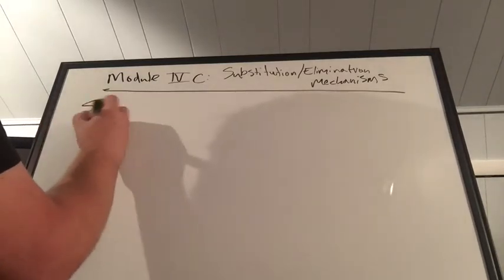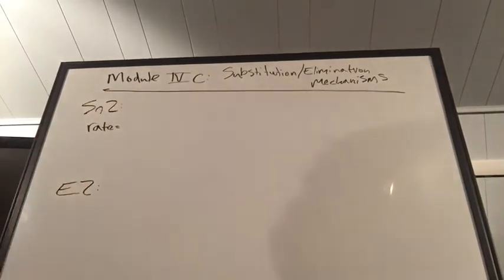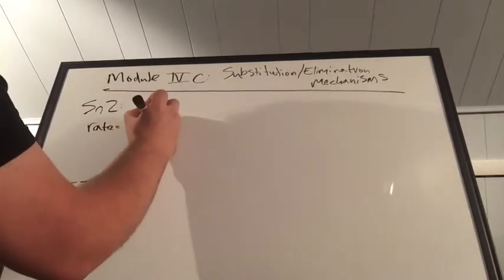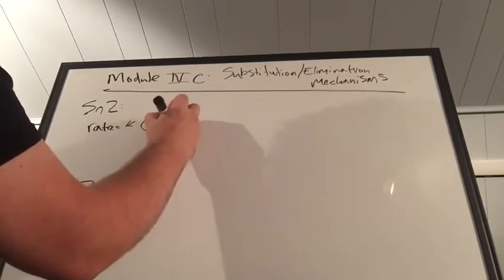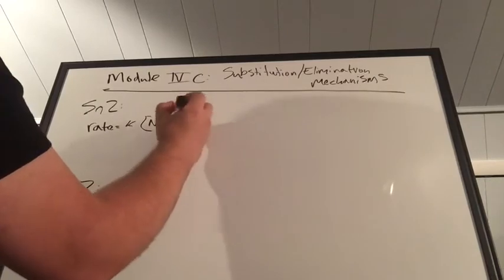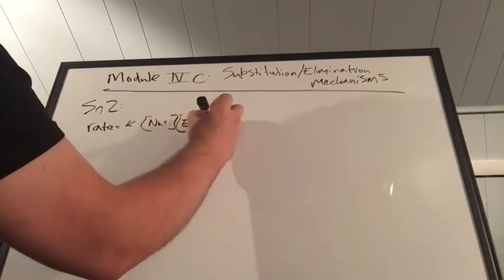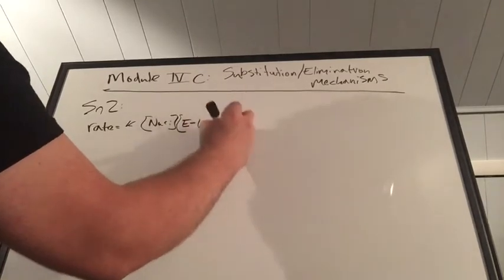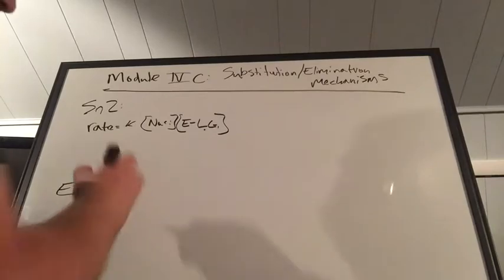Remember that the rate law is going to be equal to the rate is equal to k times the concentration of the nuke times the concentration of the electrophile, right, with a leaving group. Okay, so just a generic mechanism here.